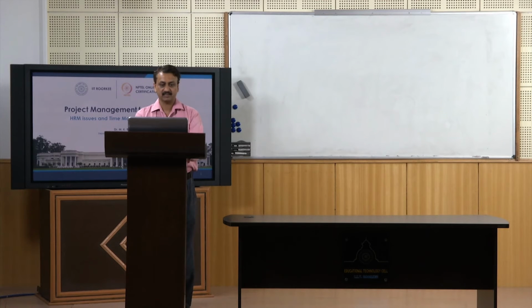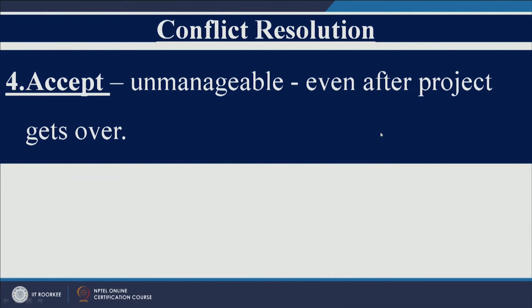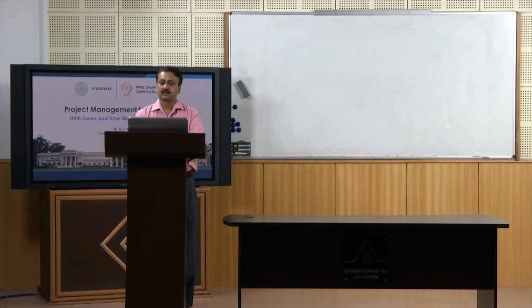So, what to do? Accept that there is a conflict and it will be there, right, even after the project gets over. This is reality. Try to resolve it, but if not, then accept that these two team members will always be in conflicting situations, they will always fight with each other. Accept it, right.